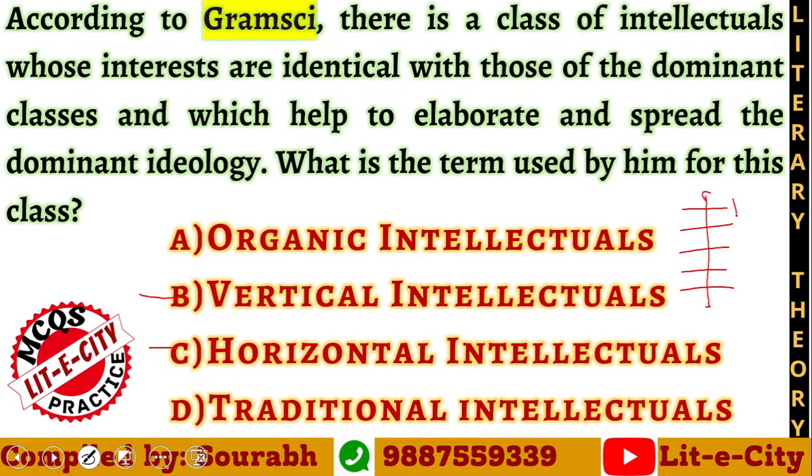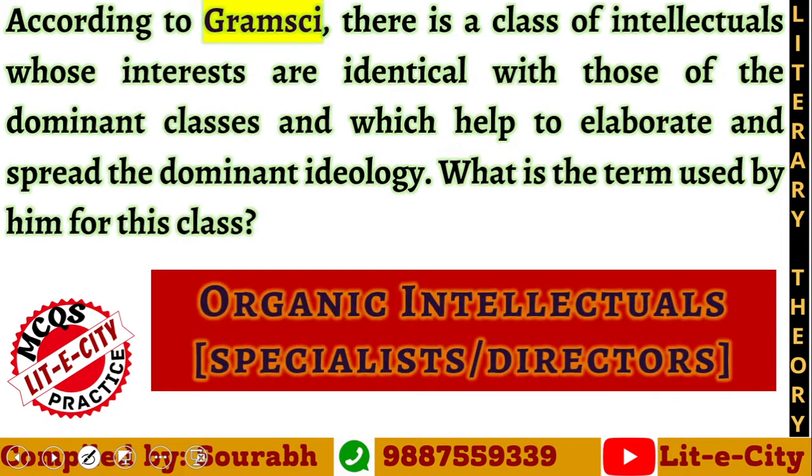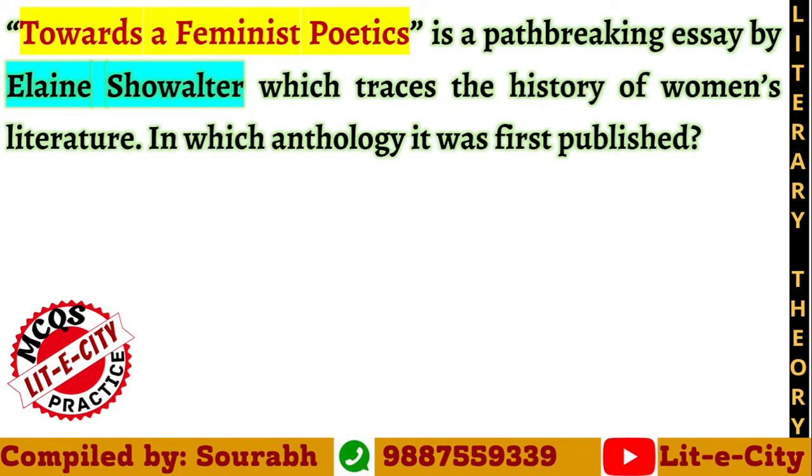For example, one director, then two assistant directors, and something like that. While on the horizontal plane, we have the spread of these intellectuals across society. But it is organic intellectuals, who are specialists of a field, who always help the dominant class in the dissemination of their ideas.